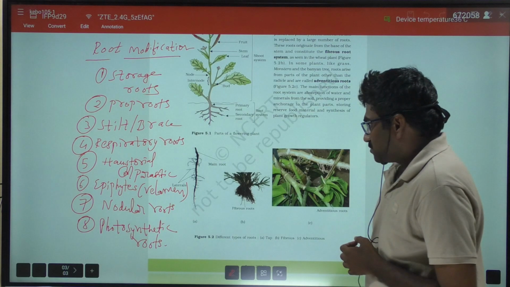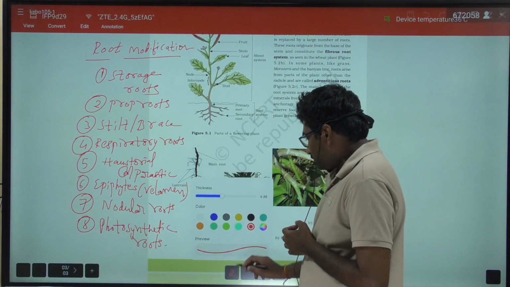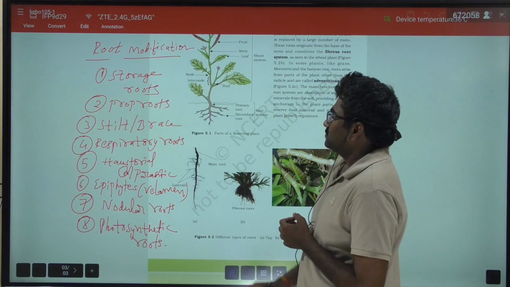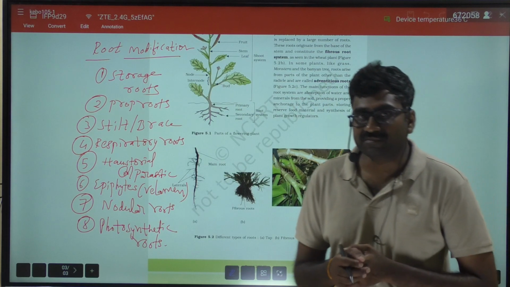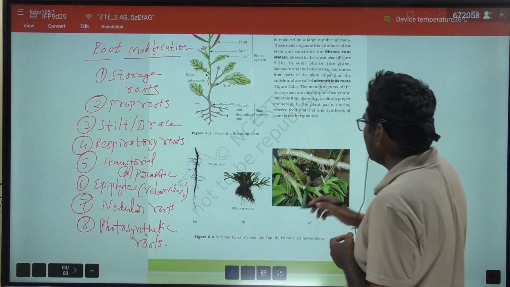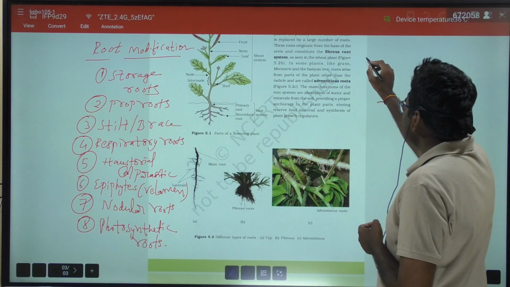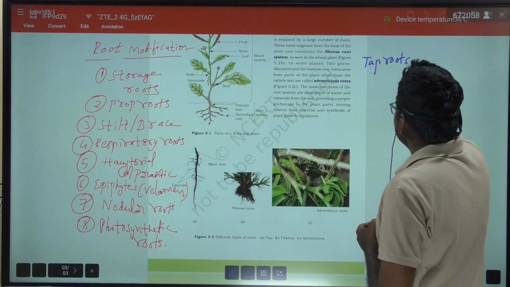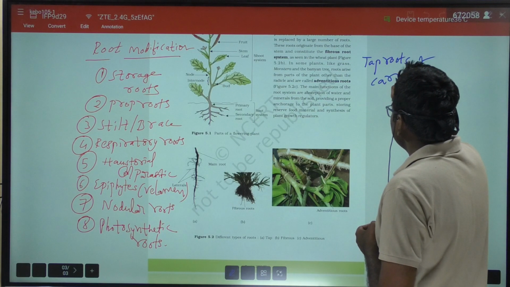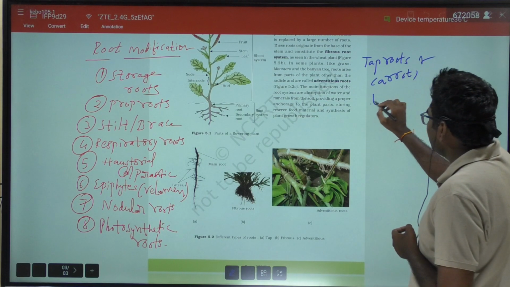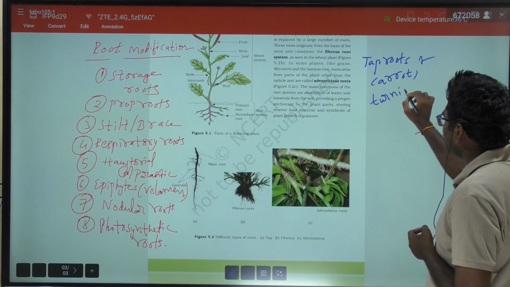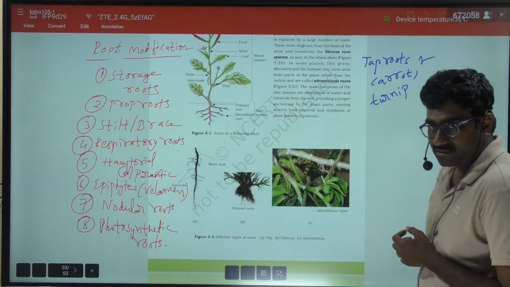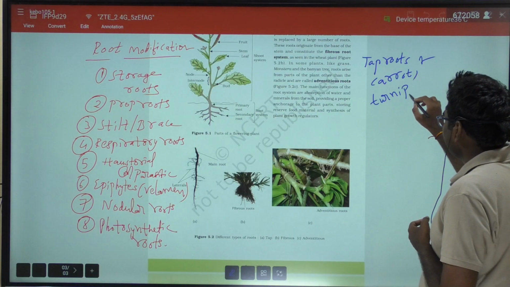So storage roots. Roots are modified to store the food material. That is tap roots of carrot, turnip, and radish.